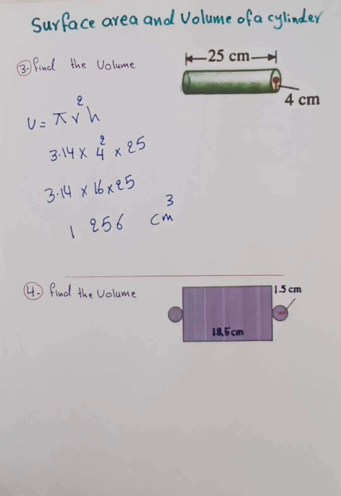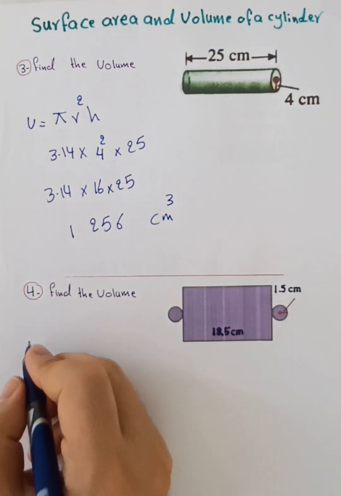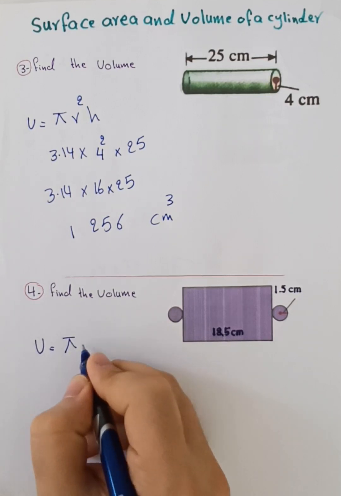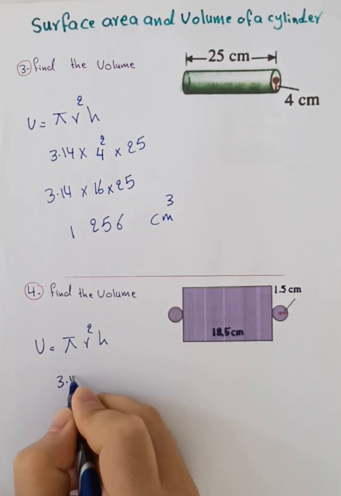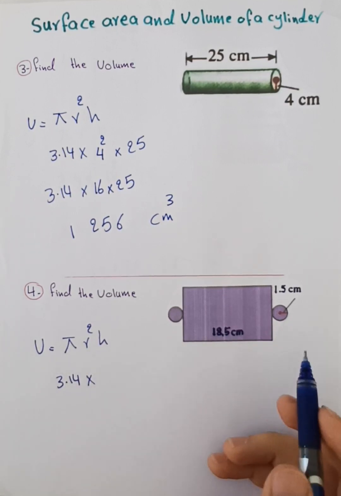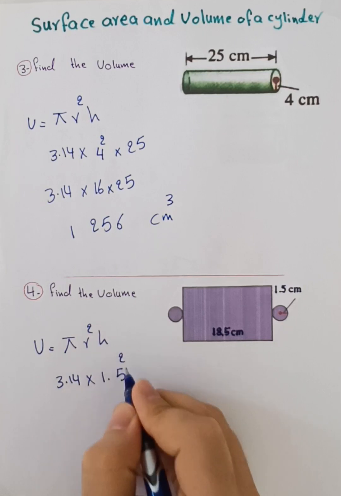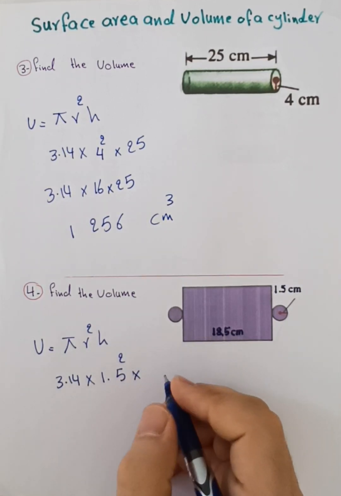Example number 4, we have this cylinder. This is the net of this cylinder. The rule is volume equals pi r squared h. Pi is 3.14 multiplied by the radius, 1.5 squared, multiplied by the height of the cylinder, 18.5.